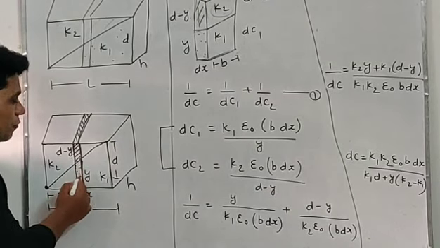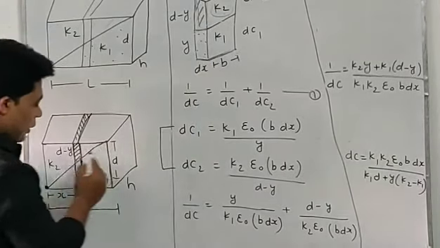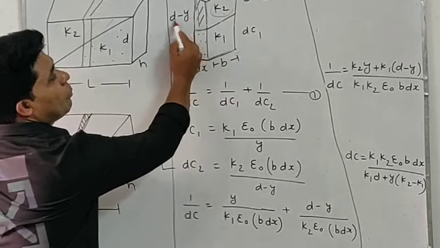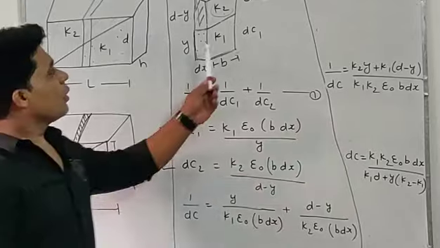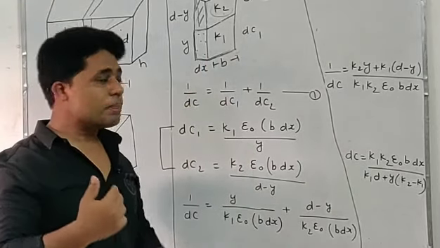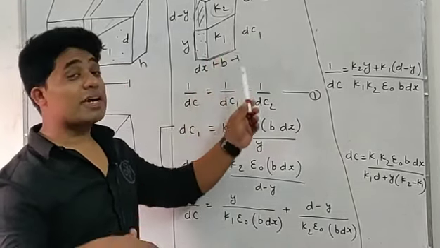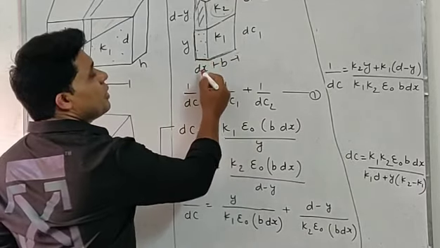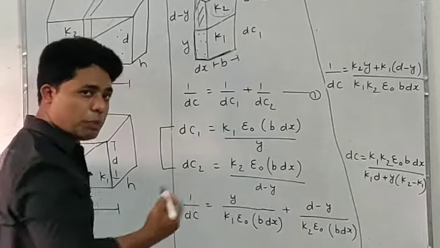This is the first dielectric medium, and this is the second dielectric medium, with depth y and depth d minus y. K1 and K2 are the dielectric constants of the two media. dC1 and dC2 are the partial capacitances of the two media. Thickness dx and width small b.